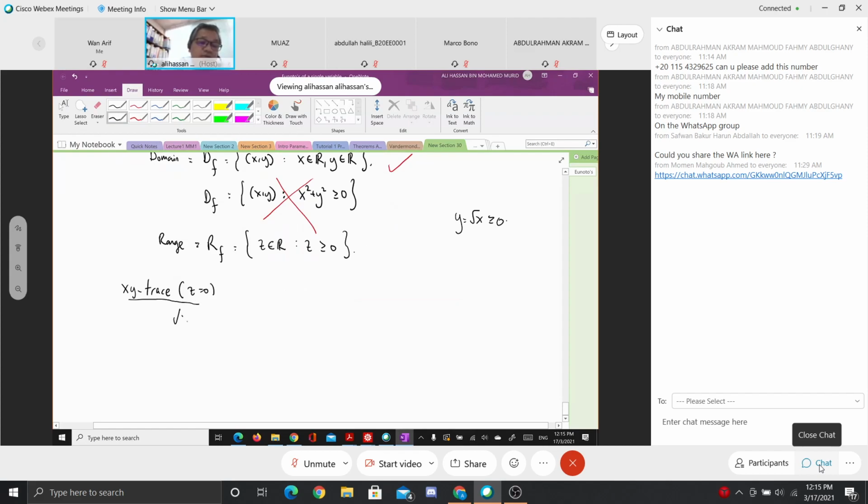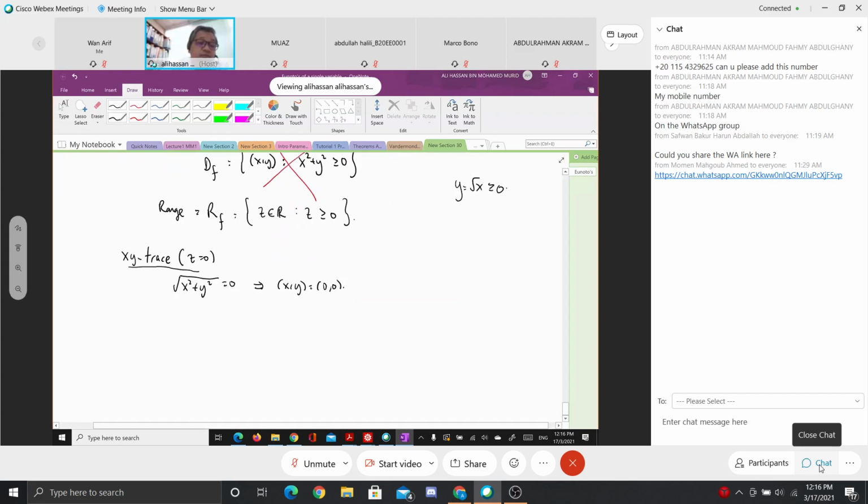Then we have square root of x squared plus y squared equal to 0. That means just a single point, right? The trace is just a single point. So the surface intersects the xy plane at just a single point at the origin, 0, 0.